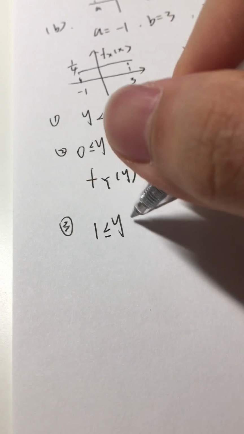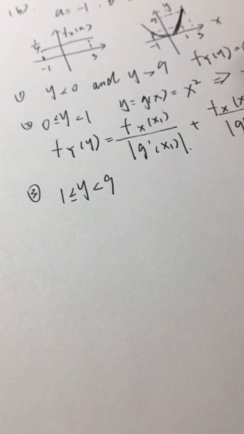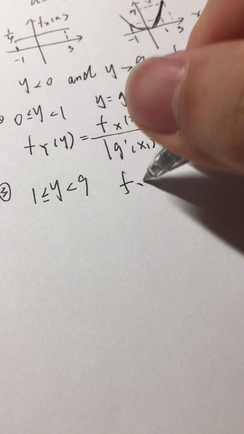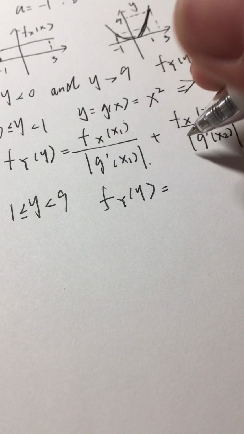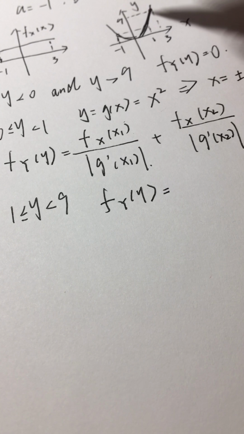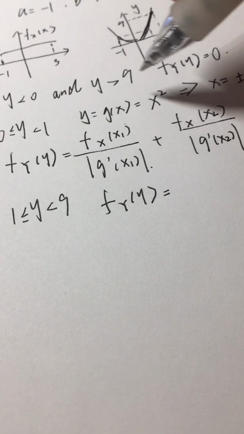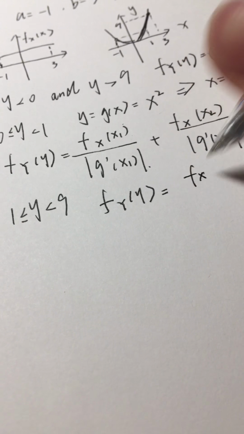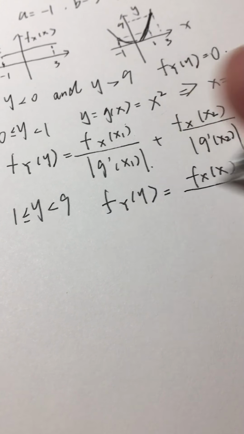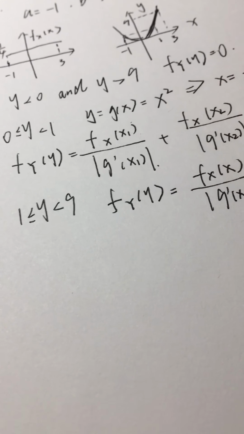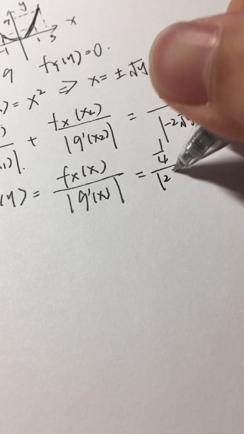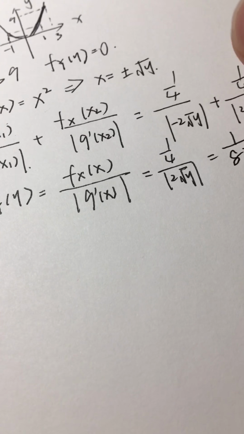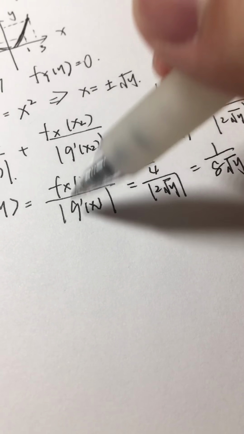And when y is between 1 and 9, there is only one root of g of x, so we can get fx of x over the derivative.